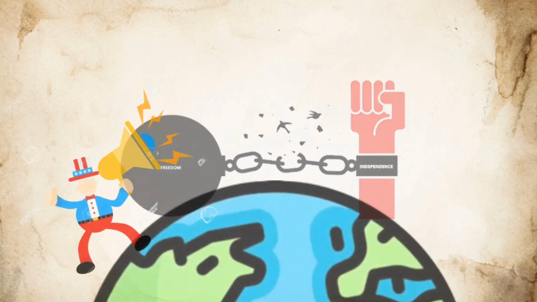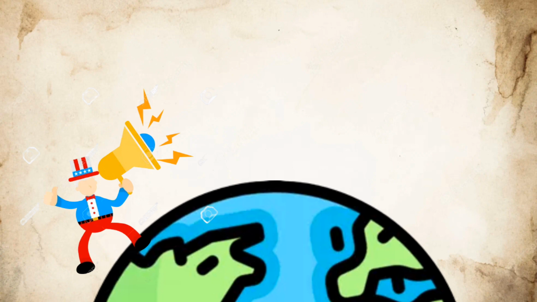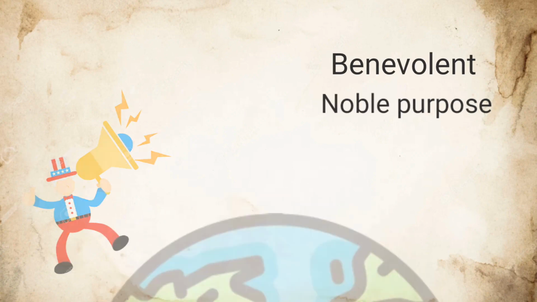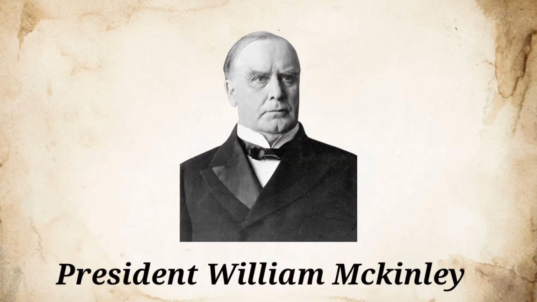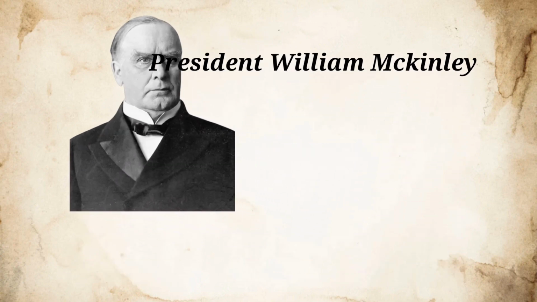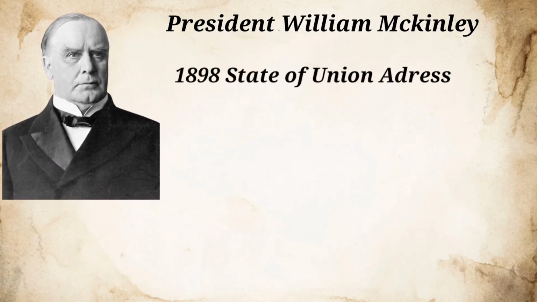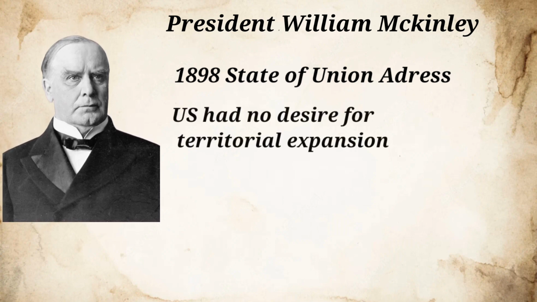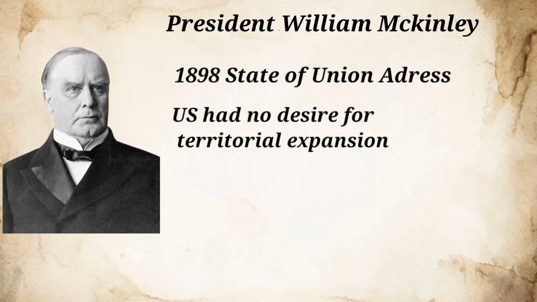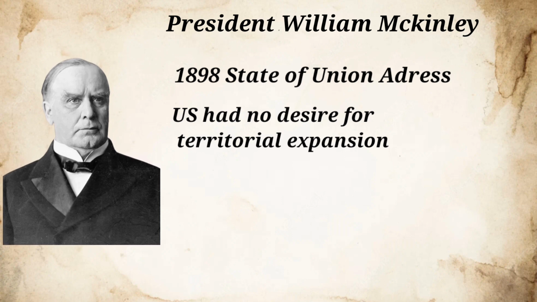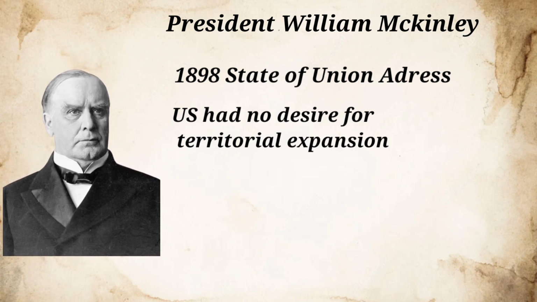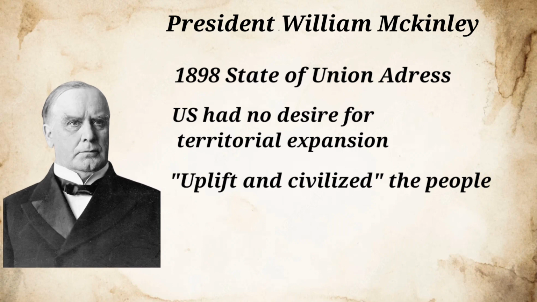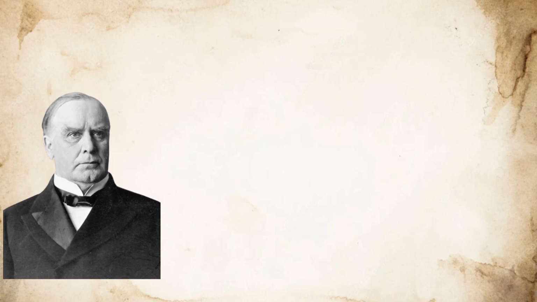The announcement of the U.S. taking the Philippines for a benevolent and noble purpose was made by President William McKinley in his 1898 State of the Union Address. McKinley stated that the United States had no desire for territorial expansion, but was taking control of the Philippines in order to uplift and civilize the people of the islands.